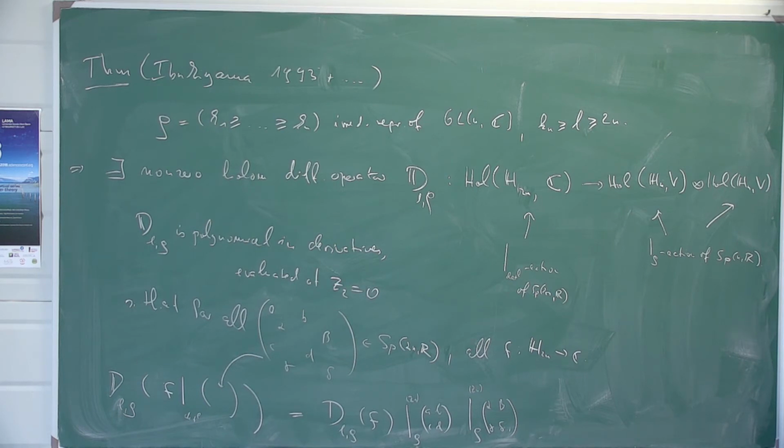So you start from a function on H2, and it takes the second derivative of this variable for which you put things equal to 0 plus more terms.